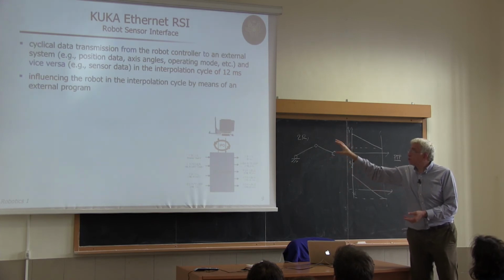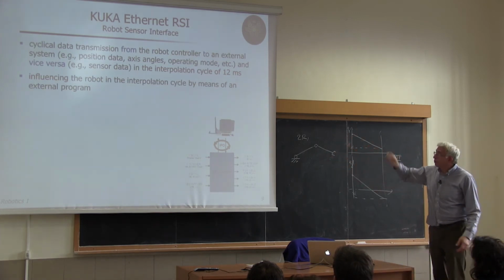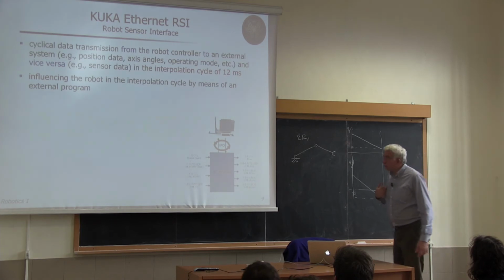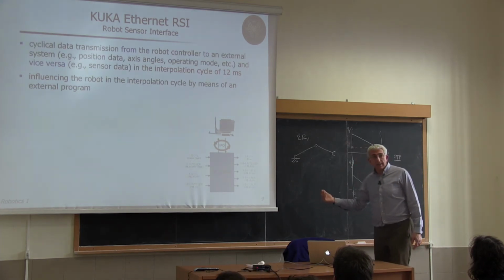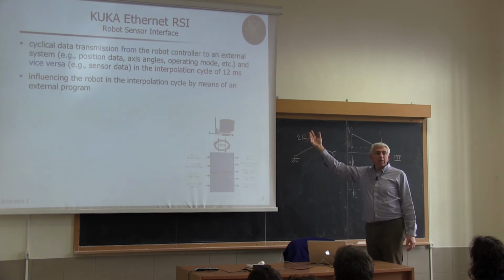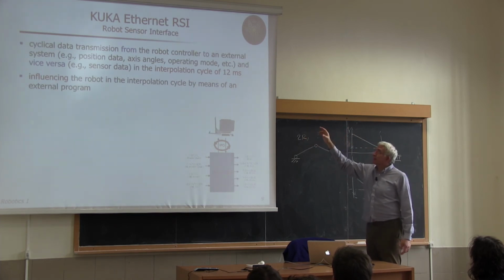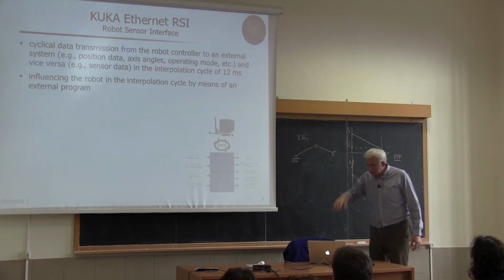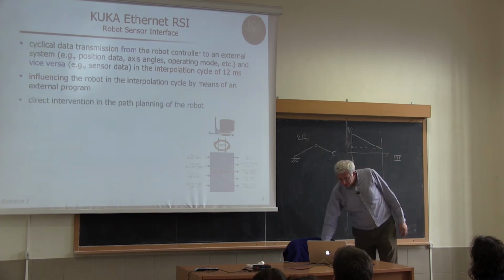So we are using this interface mostly for influencing the robot from one interpolation cycle to the next with our own code, which processes external sensing, while KUKA itself intended this interface for directly interfacing sensors to their own programming code. Okay, so this is the main difference that we have here.